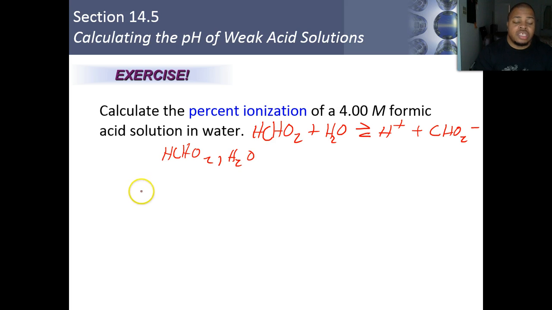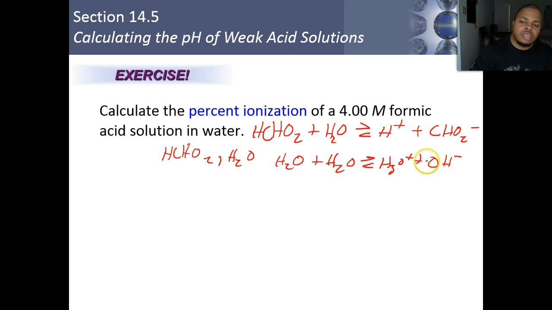Is it going to be the formic acid or is it going to be the water, H2O plus H2O yielding H3O plus and OH minus? Well, let's look at the values that we have. We already have the acid dissociation constant for our formic acid, and we compare it to the 1.0 times 10 to the negative 14 for our water. We know that this is going to be our dominant reaction. So let's go ahead and run with that now.